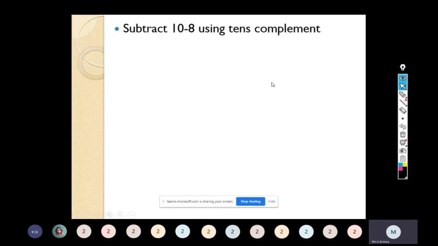Tens complement means 9's complement plus 1 will be the 10's complement result, right? So 99, 9's complement. First we have to find out 9's complement. So 9's complement for the number 8 will be 91.